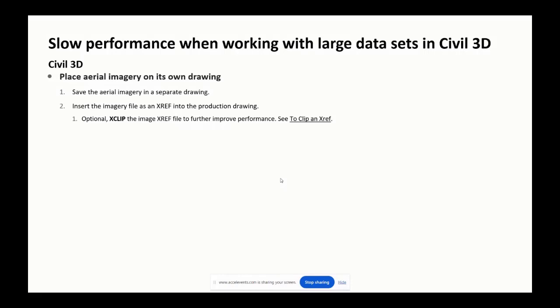And then you can clip out the XREF to any shape or size that you want, not have to worry about clipping the image. So I would do that even if it's one image. I have an image base, and sometimes it's one image, sometimes it's 10 images. Way easier to handle, easier for your computer to handle.